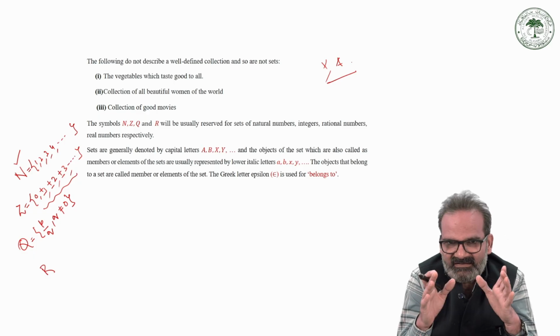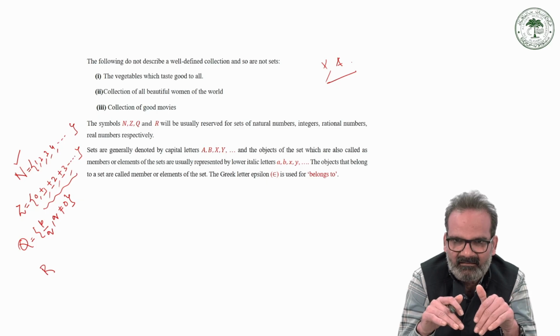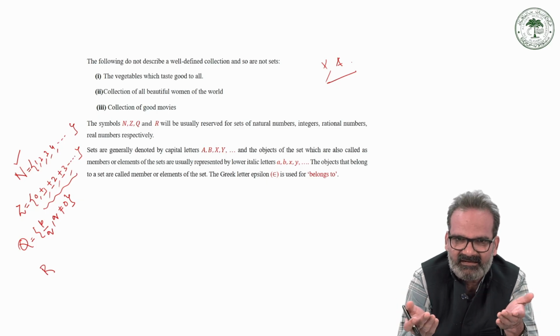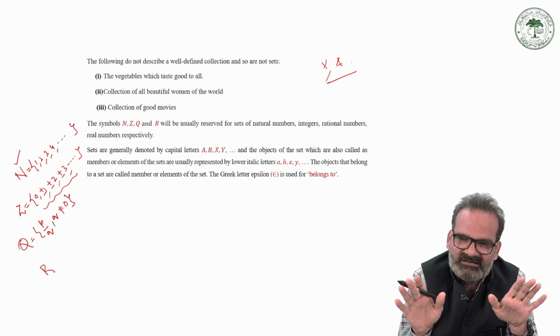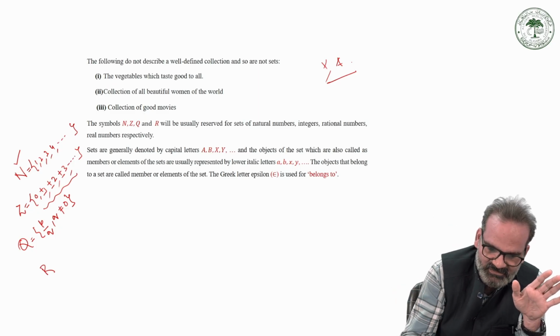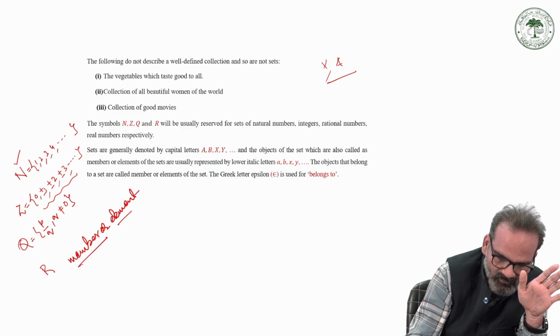Second thing is, once a collection of objects becomes well defined, then we call it a set. When we are talking about a set, we do not use the term object, we use the word member or element, right? What does it mean?